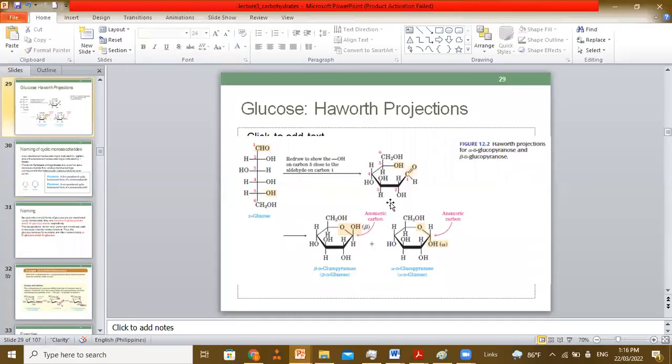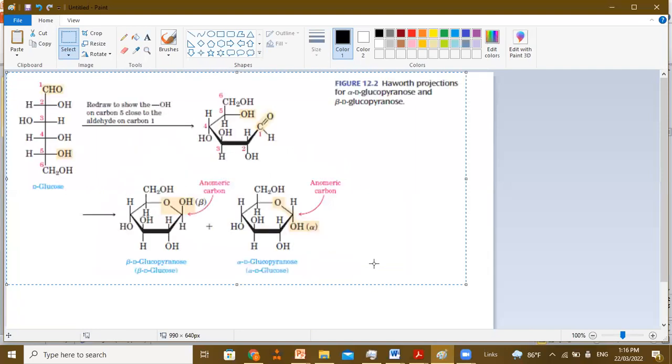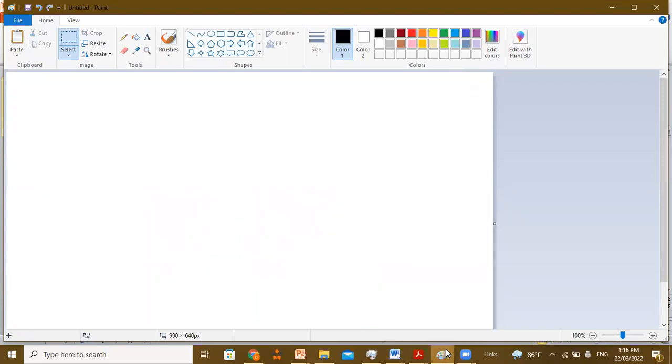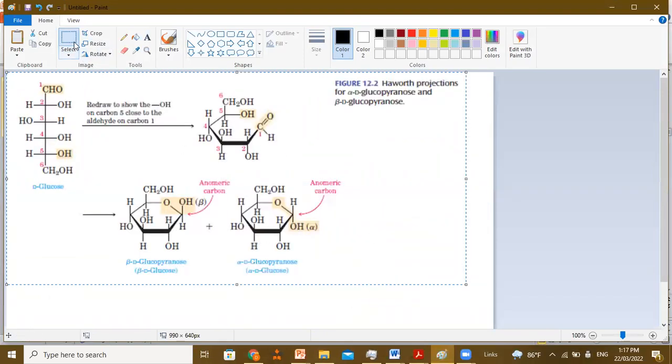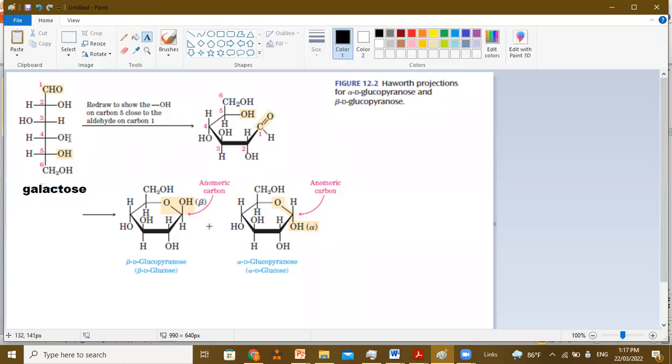Okay, this is for your glucose. For your galactose, on carbon 4, it's not written like this one.